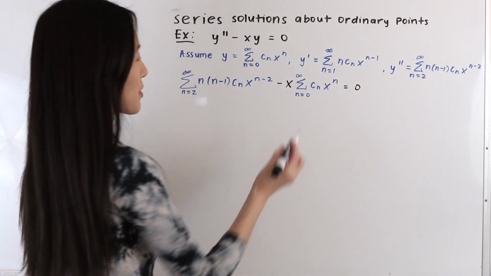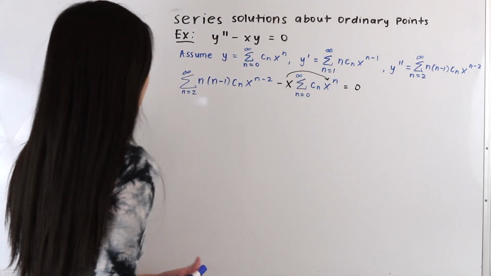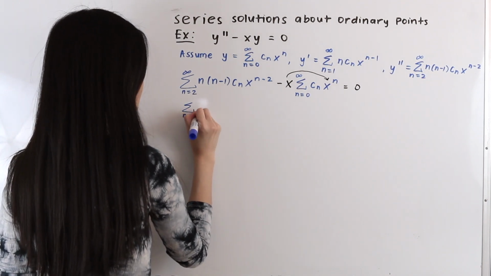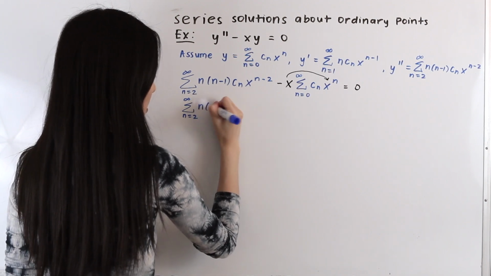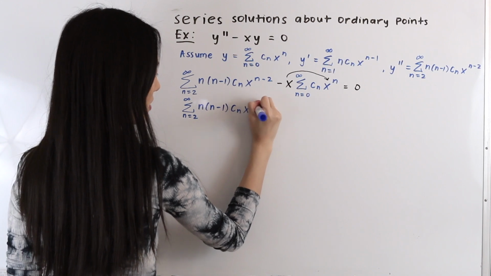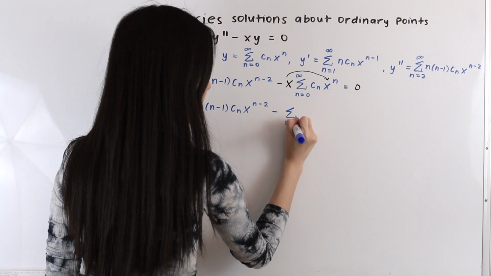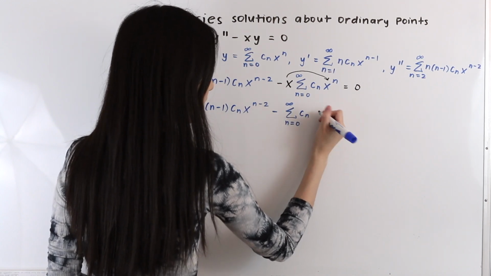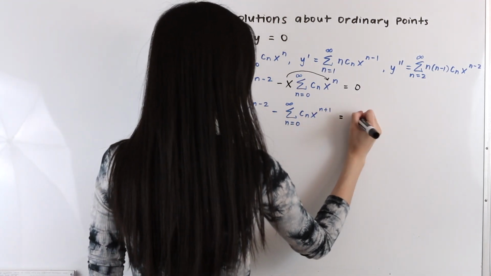And now let's go ahead and distribute this x into our summation here. So we end up with the summation from n equals 2 to infinity of n times n minus 1 times cn times x to the n minus 2, minus the summation from n equals 0 to infinity of cn x to the n plus 1, and this is equal to 0.